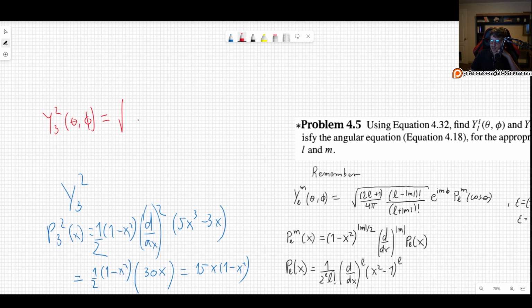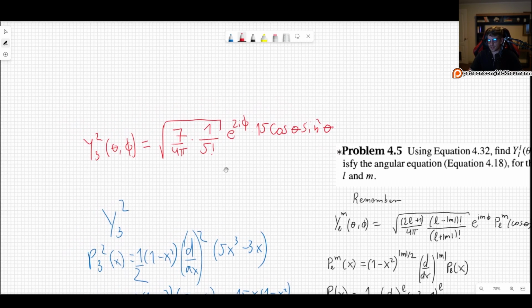Let's see, so L is equal to 3, so we get 2 times 3, which is 6, plus 1, so 7 over 4 pi times L minus m, so 1 factorial, which is 1, and then we divide by 5 factorial, and then we have e to the 2i phi, and now we have our associated Legendre polynomial, which is 15, but not x, it is evaluated at cosine theta, so we get 15 cosine theta times 1 minus x squared, which is sine squared, so sine squared of theta.